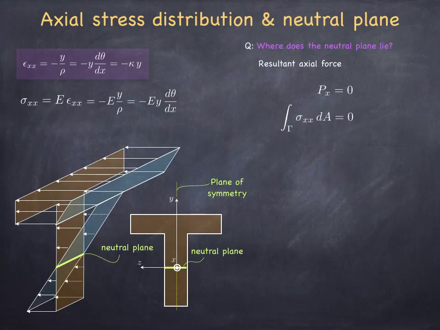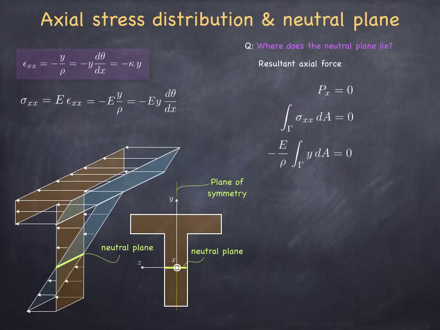So here is that, sigma xx integrated over the entire cross-section, collectively denoted as gamma, and that resultant must be equal to 0. If we plug in the result that we've obtained through the constitutive law and the kinematic hypothesis into the integrand, and pull out all the constants that do not vary with respect to the cross-sectional coordinates y and z outside the integral, we obtain this little formula.